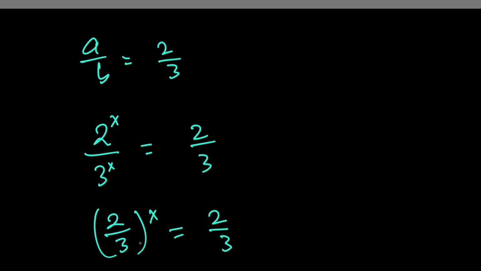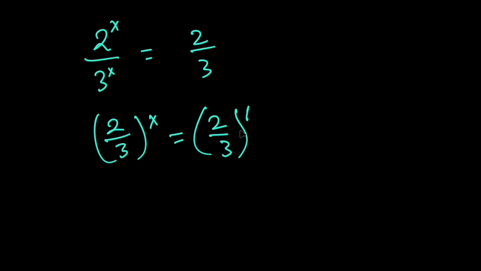Now you notice that the bases are the same, therefore the powers are also the same. But it looks like this right here does not have a power, but actually there is, because this is a power of 1, right? So the bases are the same, therefore the powers are also the same. And this is the other solution to the problem. So two solutions: x is equal to +1 and x is equal to -1.